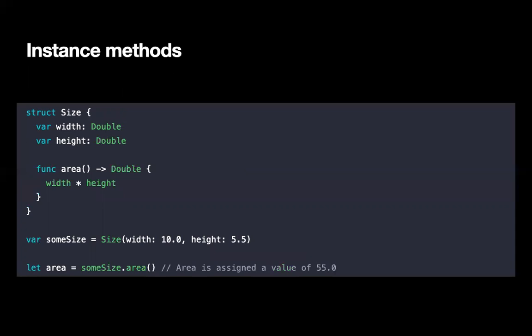Then the next topic for structures is instance methods. Instance methods are functions that are called on specific instances of the type. They provide ways to access and modify the properties of the structure, and they add functionality that relates to the instance's purpose. Here we have created a Size struct with the instance method area, which calculates the area of the specific instance by multiplying the width and height.